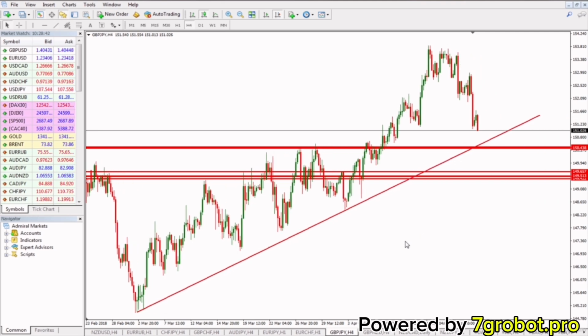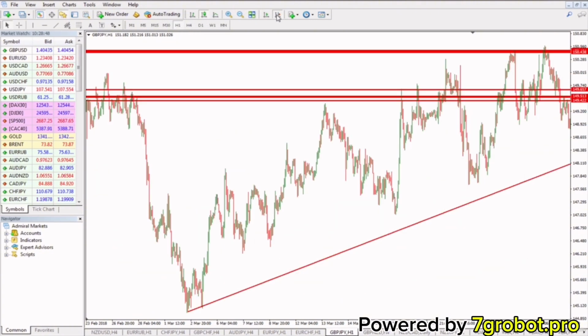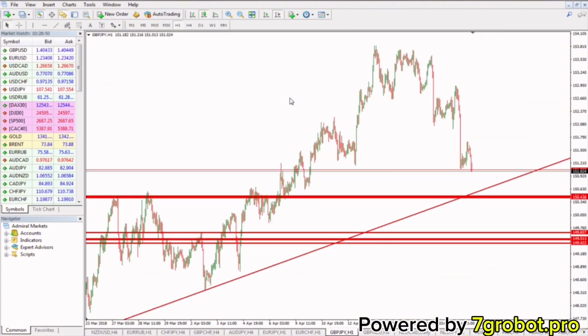I'll enlarge the graphic. We'll switch to H1. Okay, what does this trend line tell us? It tells us that if the price reaches this line again, we'll have a buy signal.